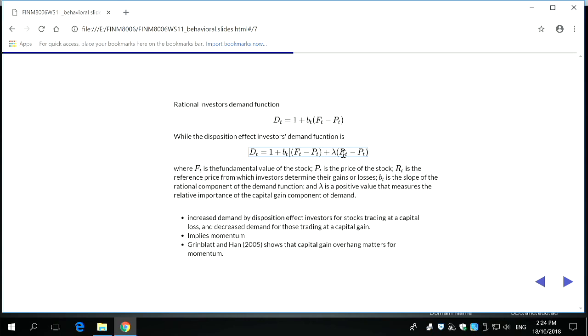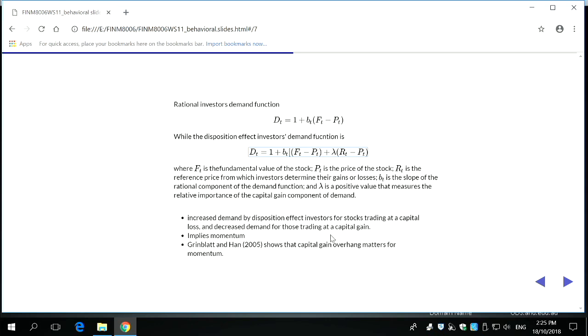So that means if a stock is trading at a loss, then the demand will actually be higher. So there's increased demand by the disposition effect investors for stocks that are trading at a capital loss.